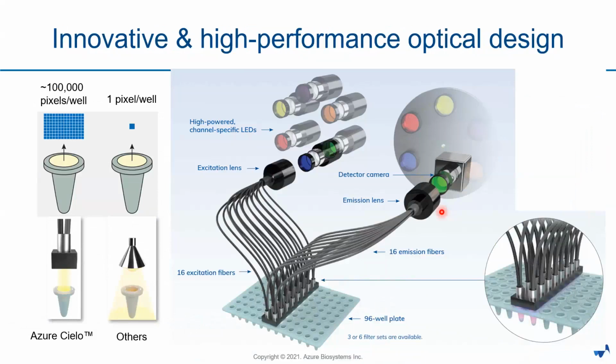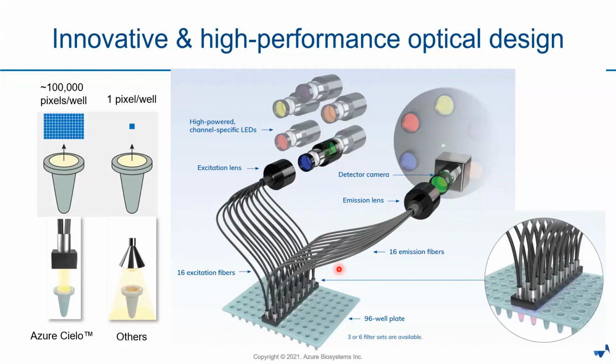The innovative, high performance optical design here is basically two sets of 16 fiber optics. One set comes from the high powered channel specific LED, giving you very specific excitation for each of the dyes. Then you have a detector camera with a filter that's specifically for that dye channel as well. Therefore you have whole well detection, so you won't miss any single signals.